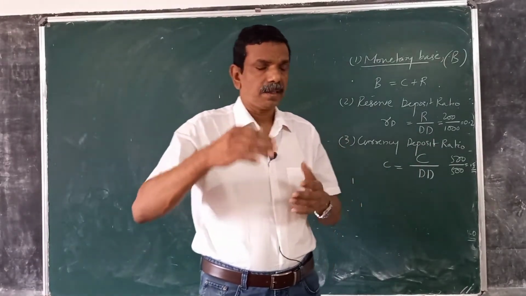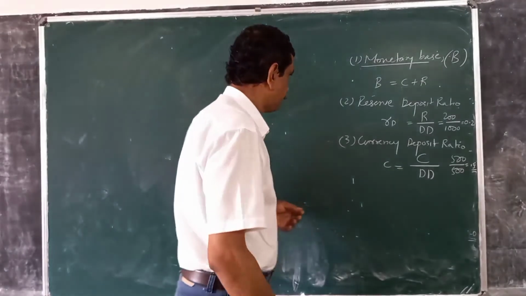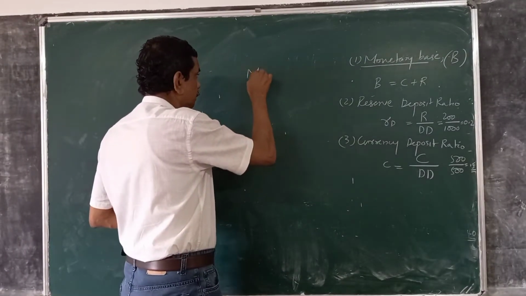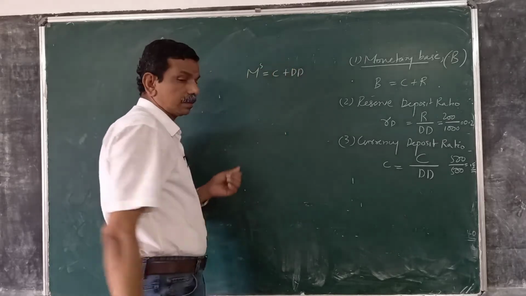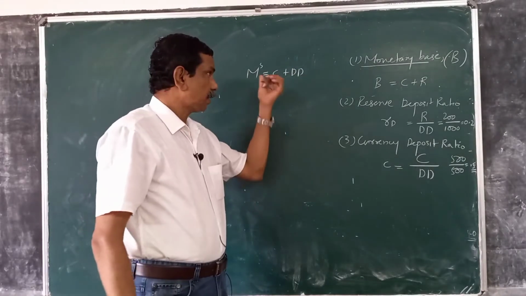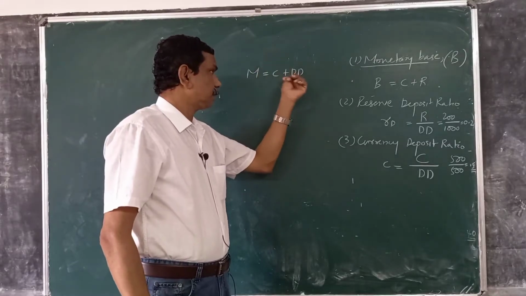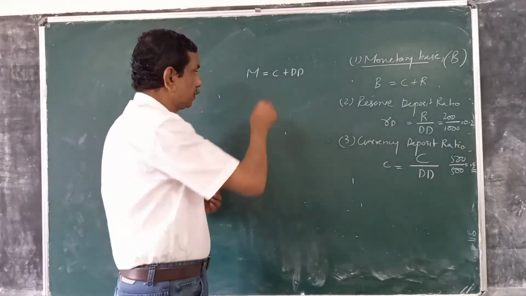Now we begin our analysis by defining M as equal to C plus DD, or money supply is equal to M or MS, or simply M is equal to currency plus demand deposits.